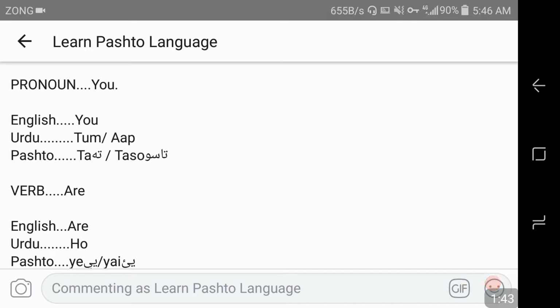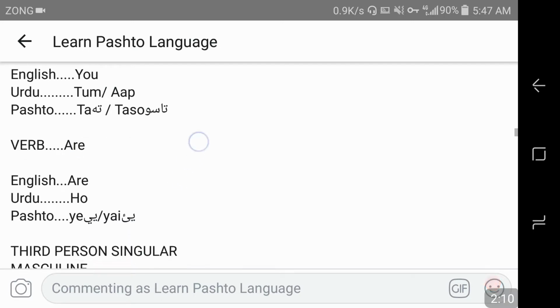But when we are talking to someone who is elder, or we are keeping deference in mind that he is respectful, and we are not frank with him or her, then we will use taso. Informally we use ta, and formally we use taso. Both are used for the word you.